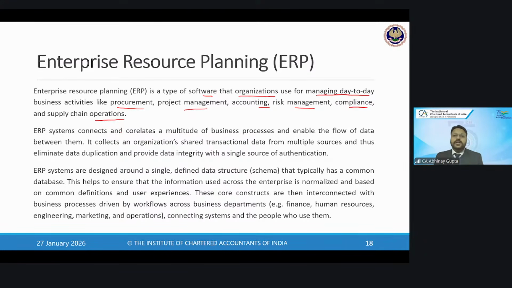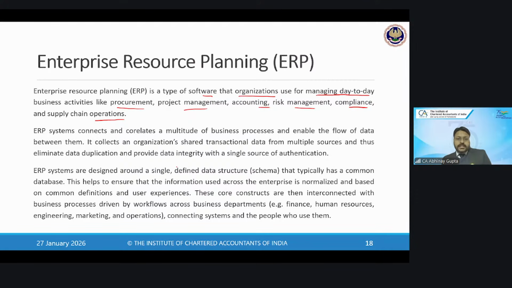So whatever the day-to-day activities are for a company to manage or run its business successfully, be it the front end or the back end, everything is done by or facilitated by ERP. Different ERPs suit the business needs of particular industries, and those industries use them for managing their business operations efficiently and effectively, right?